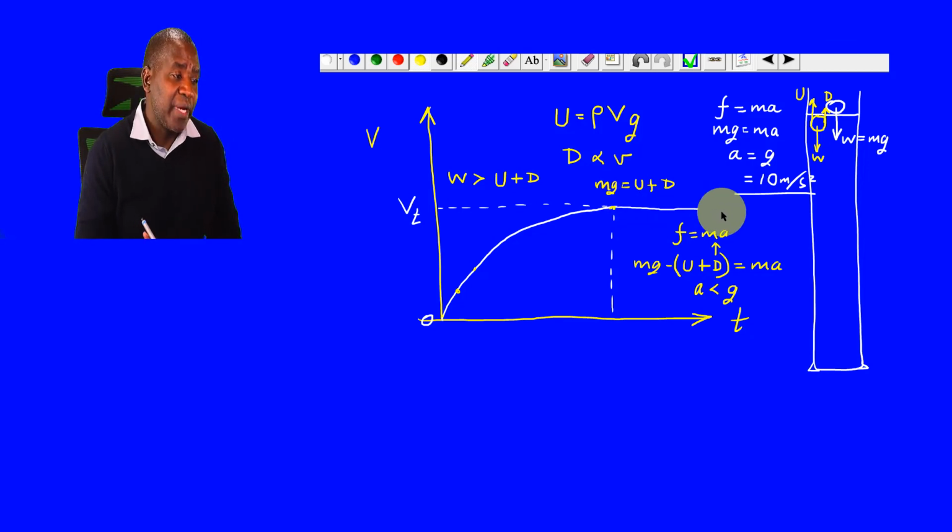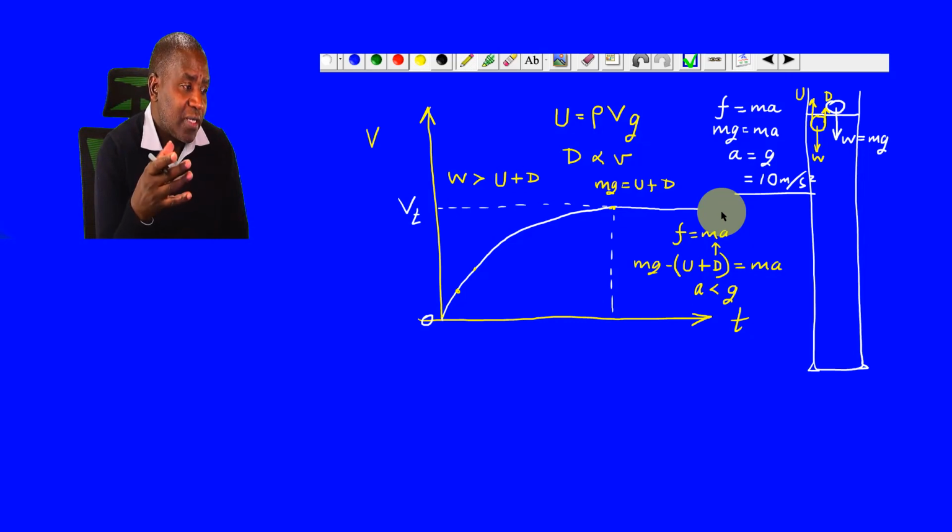That is how you explain the concept of terminal velocity, especially when you are looking at an object which is falling through a liquid. The same can be done with an object which is falling through air. But here I'm more concerned with an object which is a small sphere which is falling through a viscous liquid.